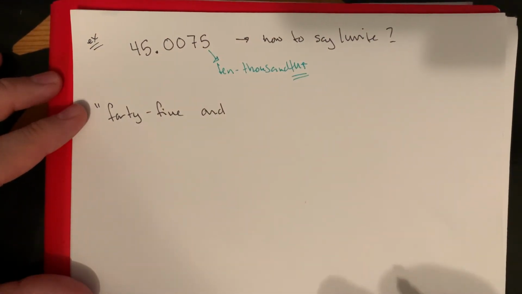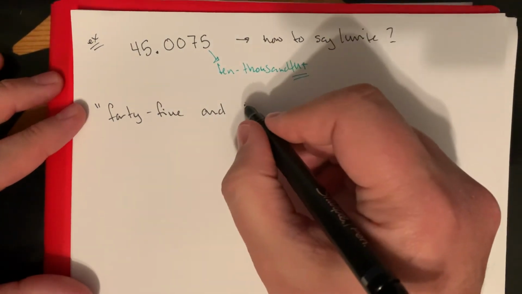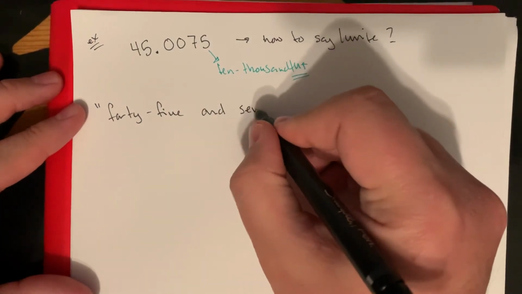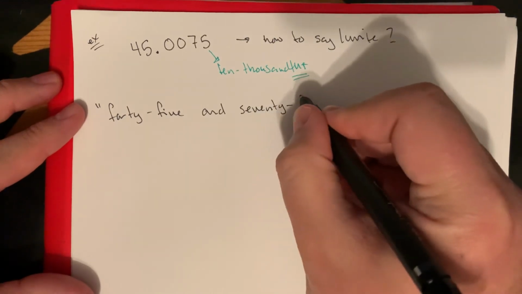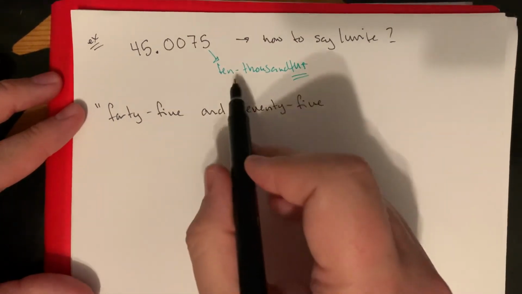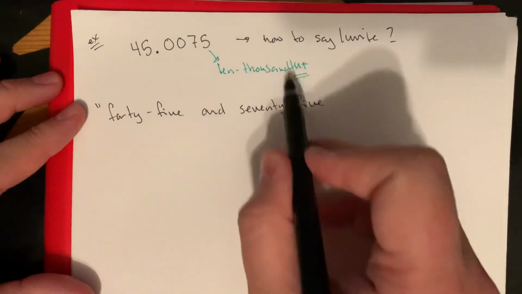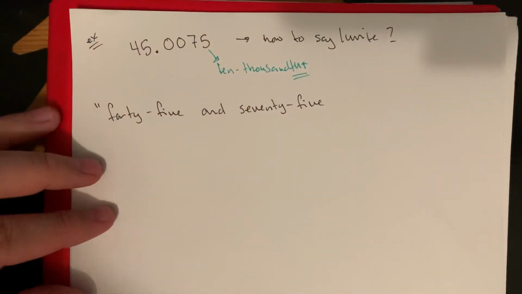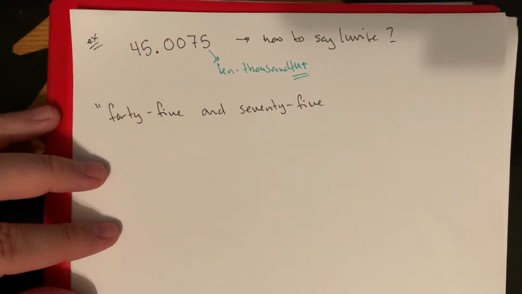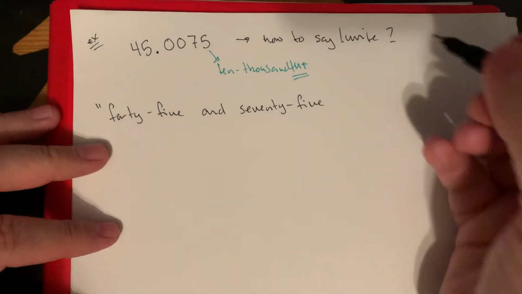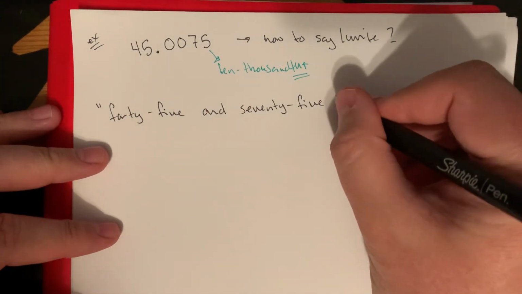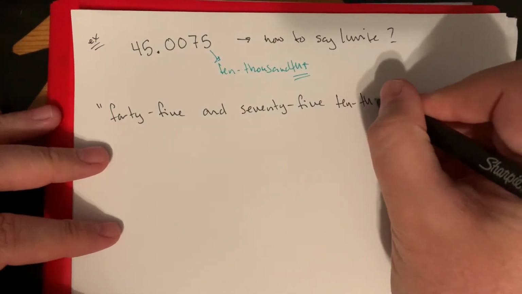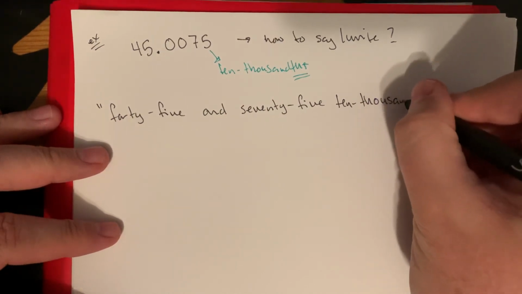So it is a 75, but it has less and less place value. So 45 and 75, but it's 75 10,000ths. It's the number, but in that decimal place value. So it's and 75 10,000ths.